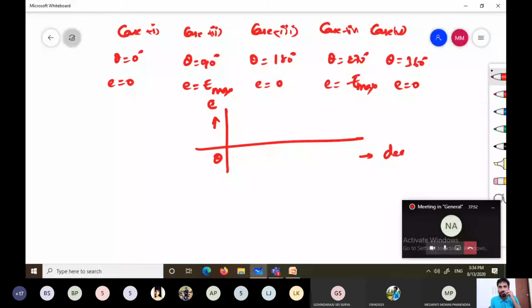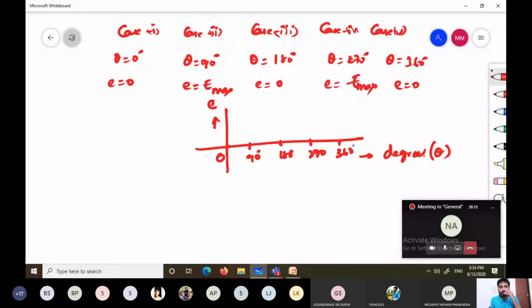Theta means degrees. This is 0 degrees, this is 90 degrees, this is 180 degrees, this is 270, and this is 360.